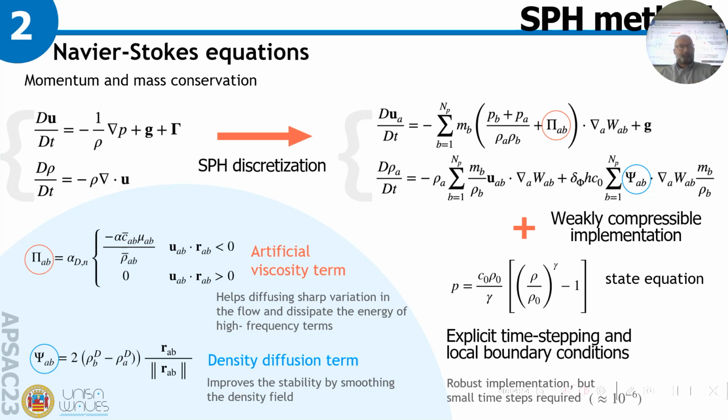And the density diffusion term, which is present in the continuity equation, the meaning of which is to stabilize the density field. We use a weakly compressible scheme, so in order to close the governing equations, an equation of state needs to be associated for problem closure, as you can see.